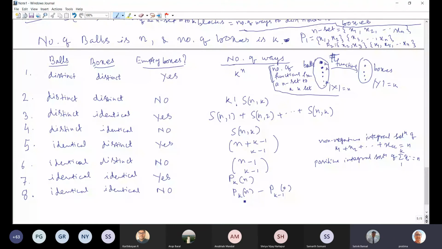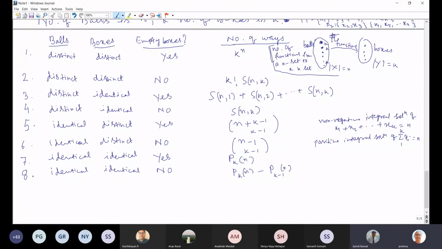So this is exactly the partition of n into k parts. Then can't we write it like pk of n minus k, with n minus k inside the bracket? Like the expression you have written for the 8th point, the last one. Okay, so we can also write it as pk of n minus k.